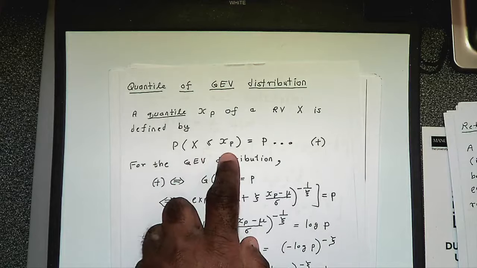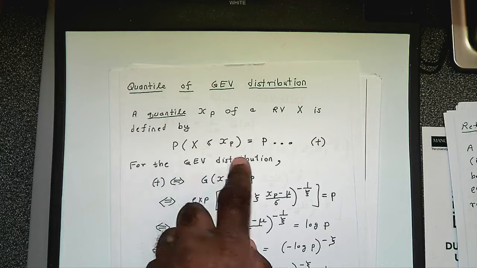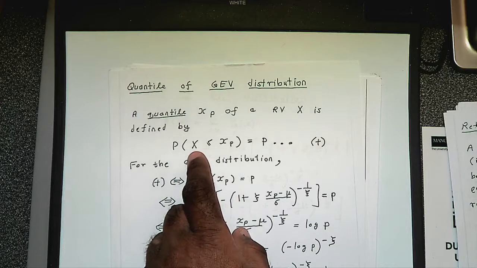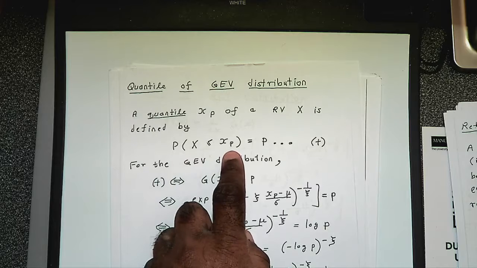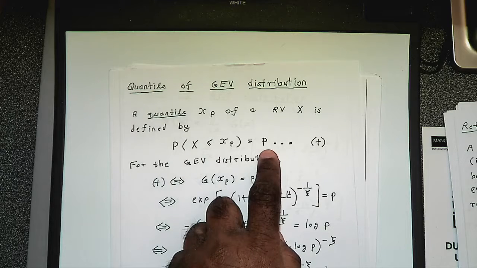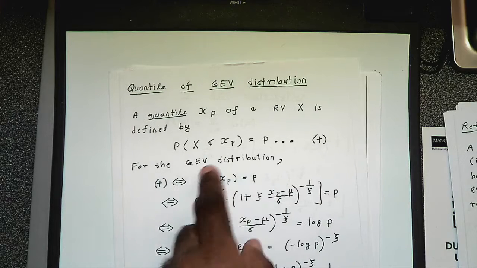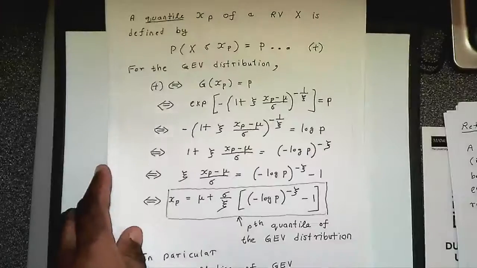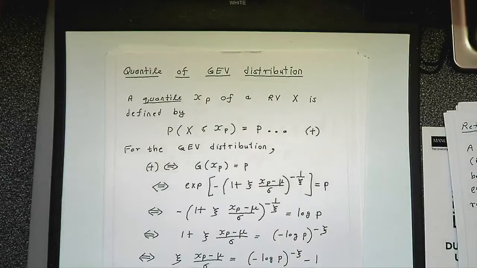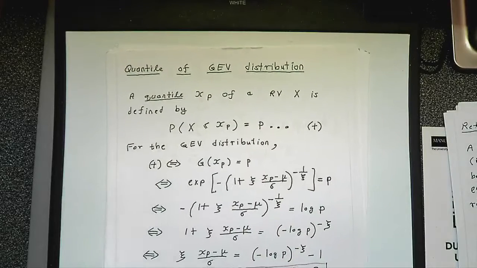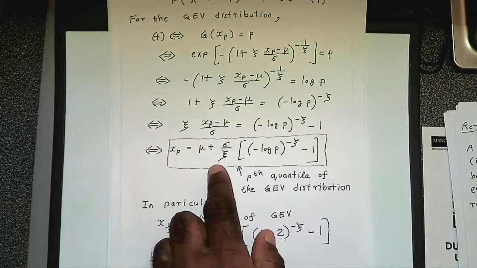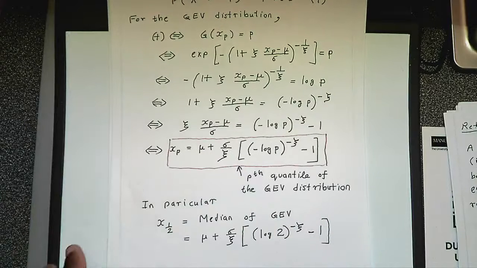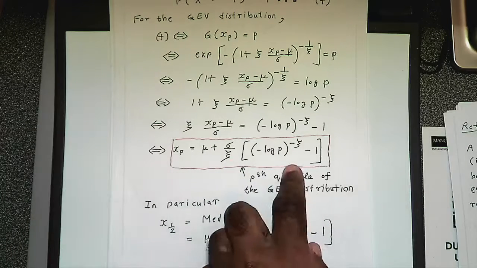Basically the pth quantile is defined by the probability that the random variable is less than or equal to x_p equals p. If you solve this equation for the GEV, the pth quantile for the GEV distribution turns out to be equal to this.